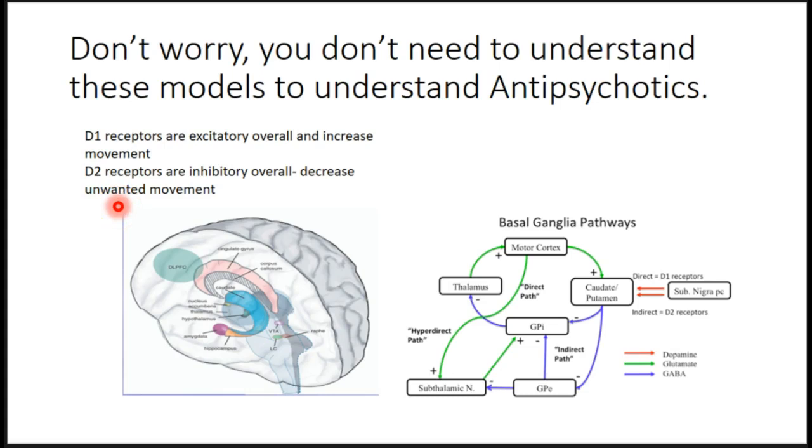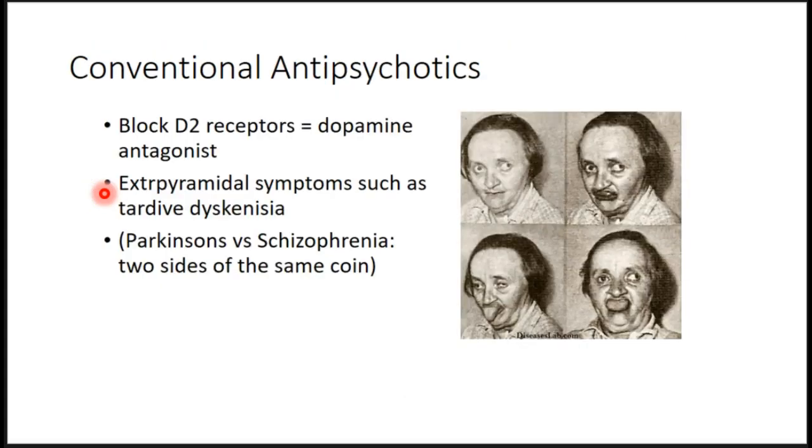It's going to allow things through, therefore you're going to get unwanted movement. And that is your side effect of your conventional antipsychotics that block D2 receptors. You're going to have extrapyramidal symptoms, there should be an A there, such as tardive dyskinesia. It's not the only one, but it's a lot of them.